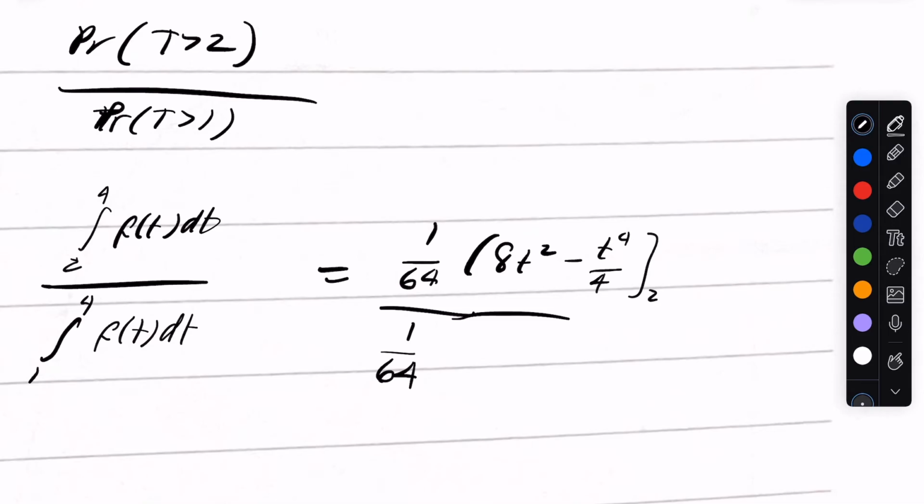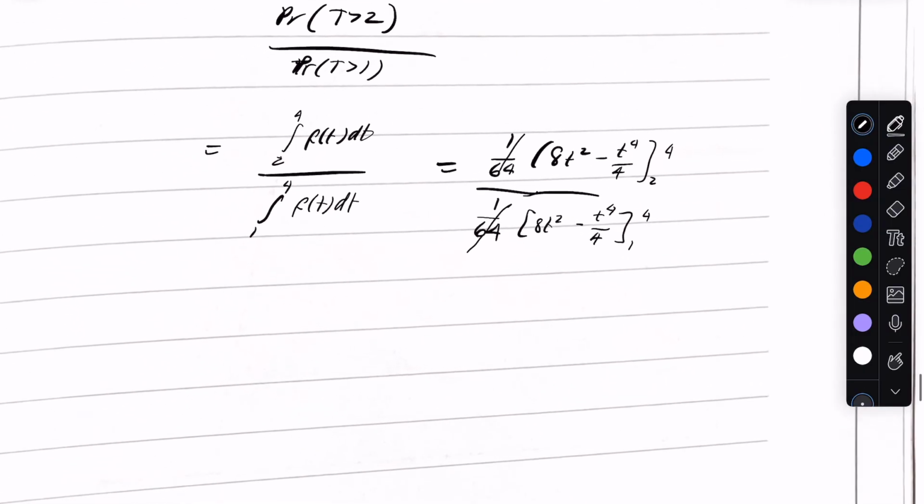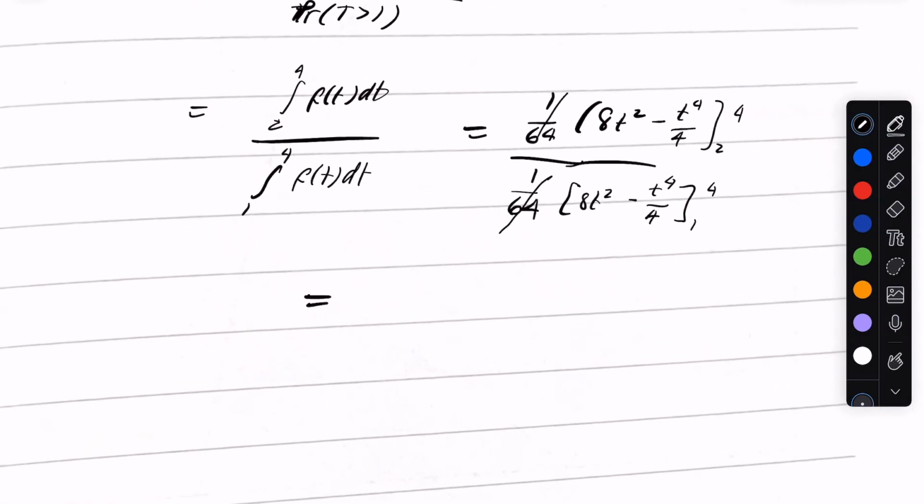And that's from 2 to 4, and then 8t squared minus t to the 4 on 4 from 1 to 4. That can cancel.